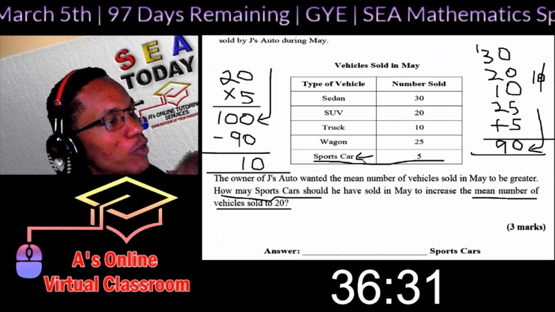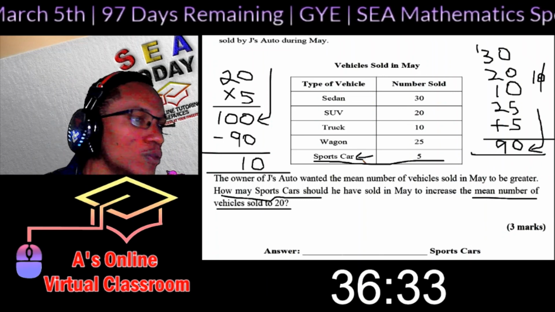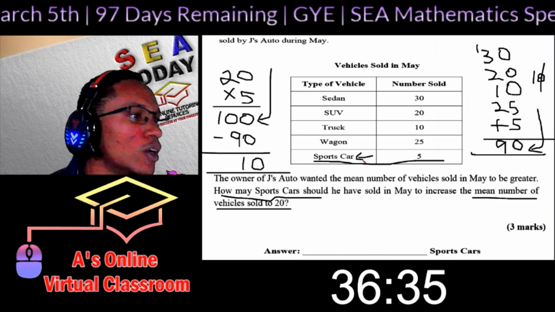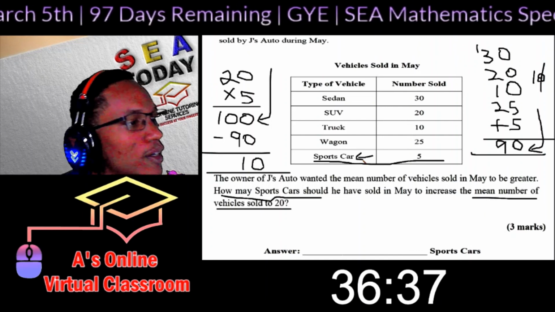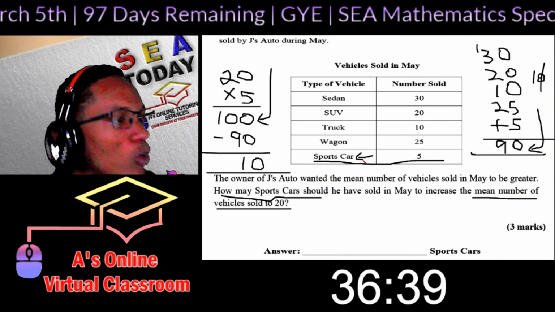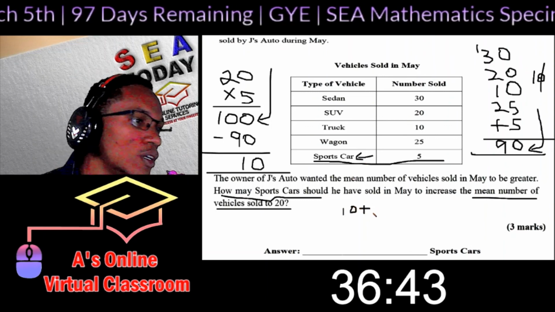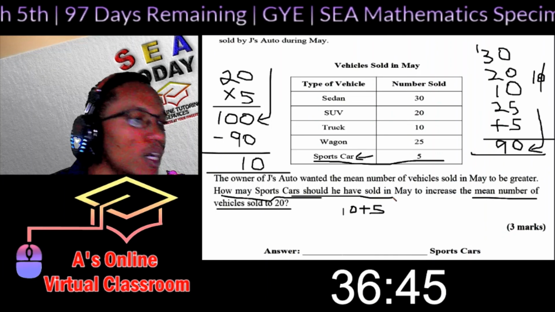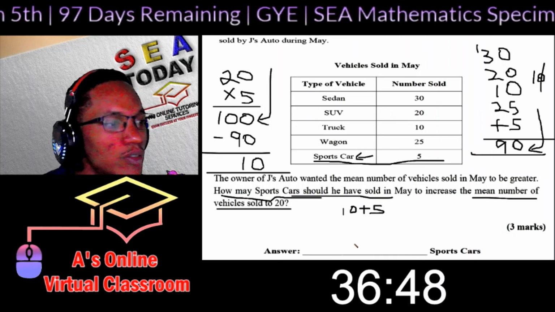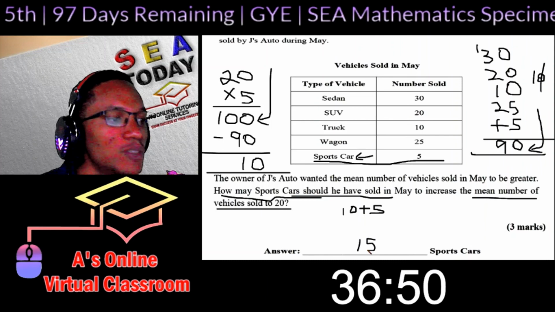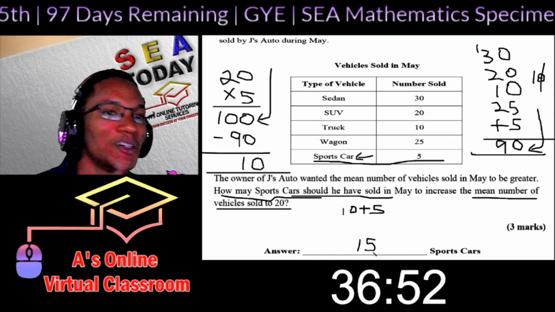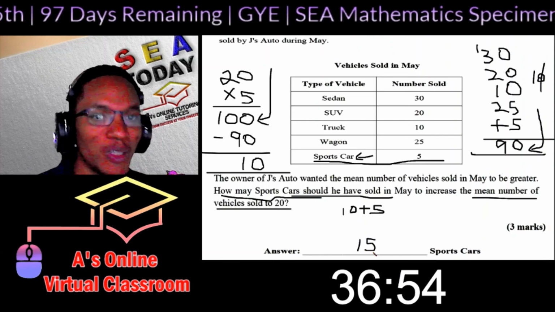So if we have 5 sports cars there now and we want to have 10 more, we'll do 10 plus 5. So they're asking how many cars should he have sold. Instead of selling 5, he should have sold 15 sports cars, and that would have gotten his mean to 20.